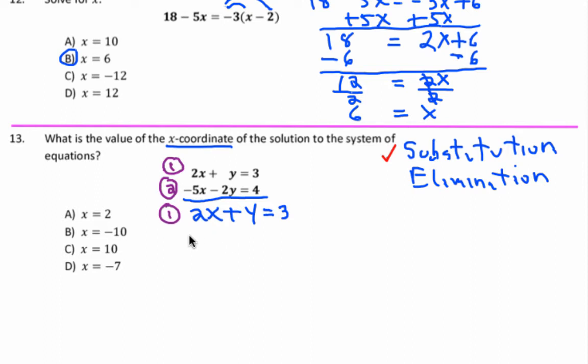So I will subtract 2x from both sides, and I'll be left with y equals 3 minus 2x.